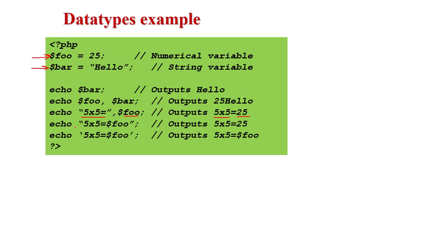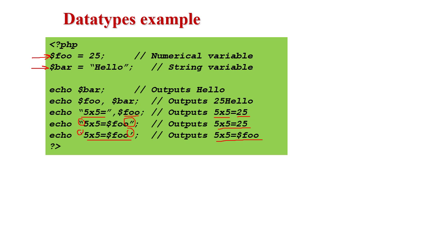Then if I want to display "5x5 is equals to $foo", note that here again I will get the same output. But if I change the double quotation marks to single quotes, then see the difference: whatever I have written within the single quotes will be output as it is.